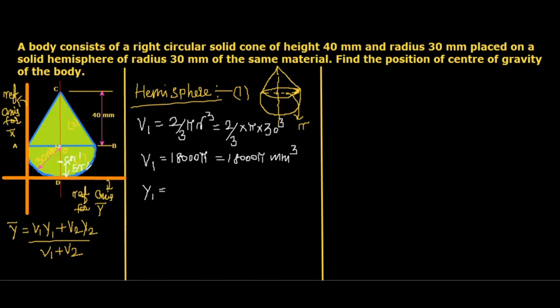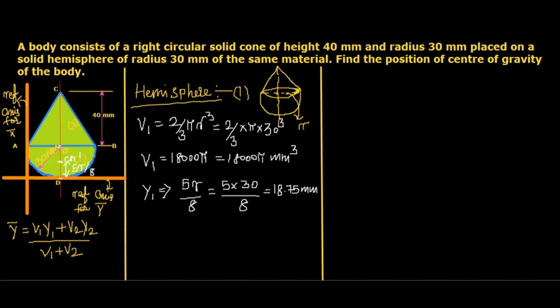That distance is 5r by 8. So the Y1, and then here you can see this D lies on the reference axis for y bar calculation. So Y1 is 5r by 8. So 5 multiplied with the radius of the hemisphere 30 divided by 8. By simplifying, we will get y1 equal to 18.75 mm. Okay, that is y1.